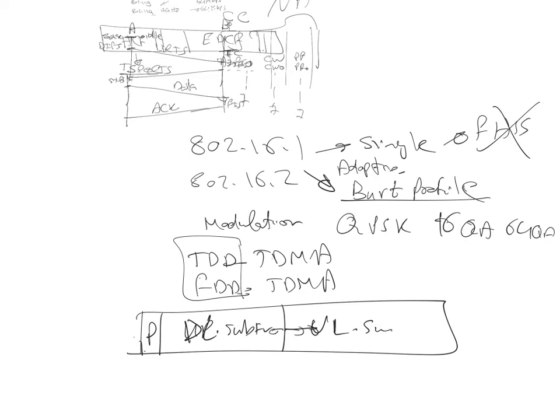Okay? And in that case, because it's from a centralized node to all the other nodes, we don't need any time gaps in between because synchronization is not an issue. The base station has only one clock, one centralized clock, and it can synchronize the time slots easily, right?